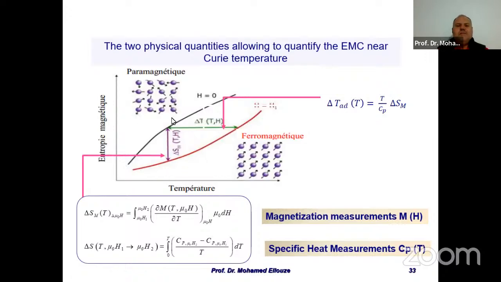This part is the variation of entropy, and this part is the variation of temperature. This is the formula with magnetic measurement, and this is the formula using specific heat measurement, which we call the direct measurement of this kind of magnetocaloric effect.